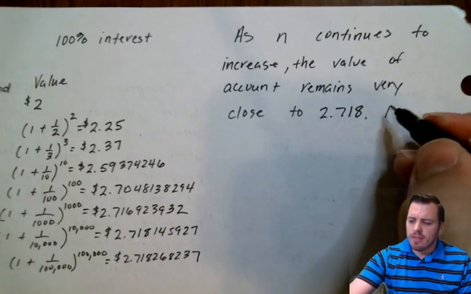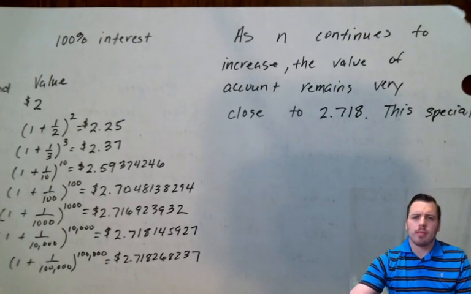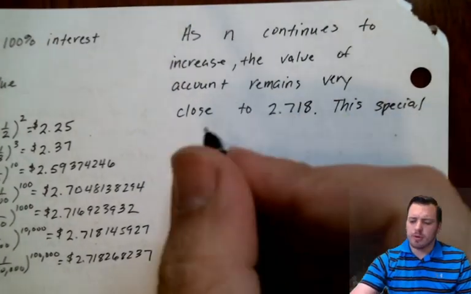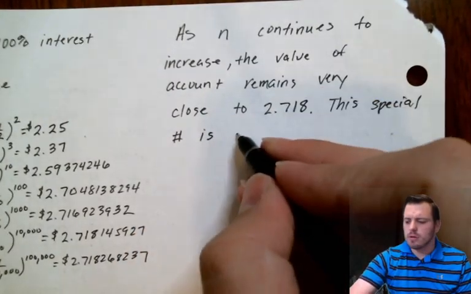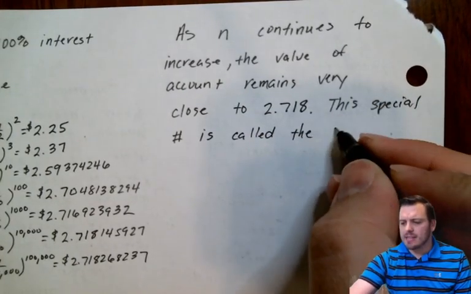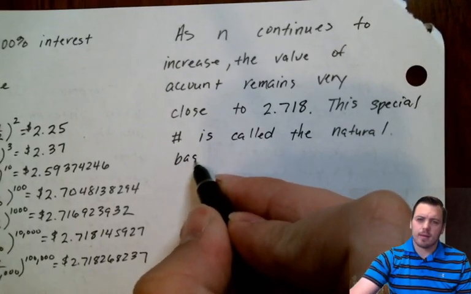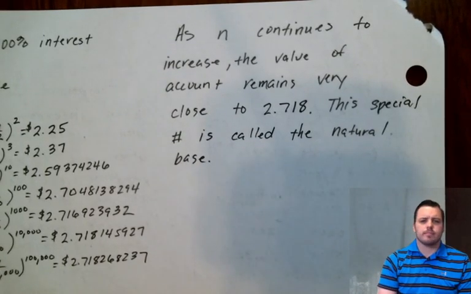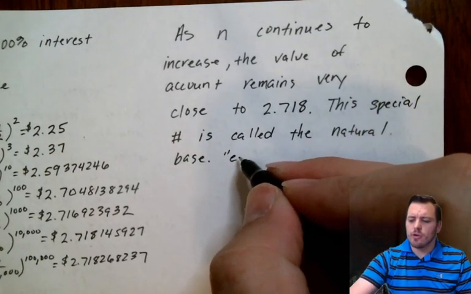Now, this special number is called the natural base. Sometimes referred to as Euler's number.